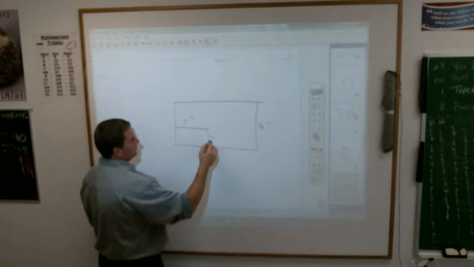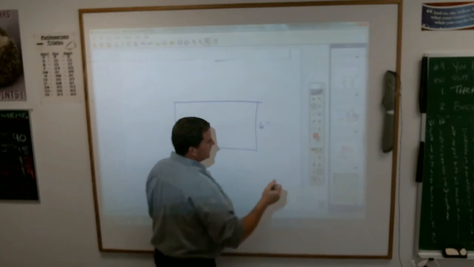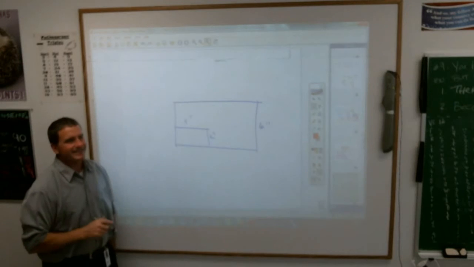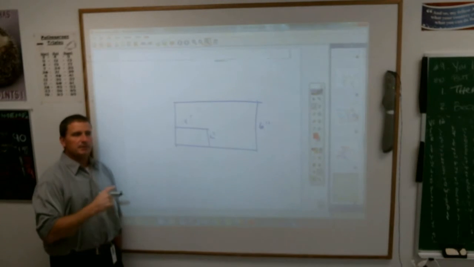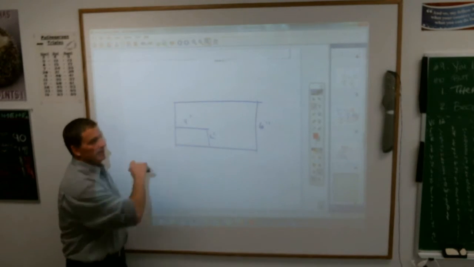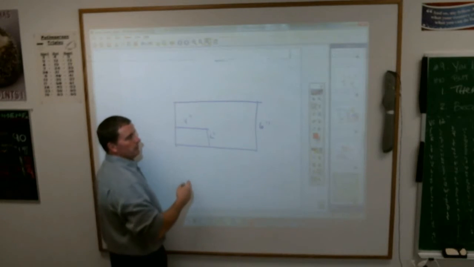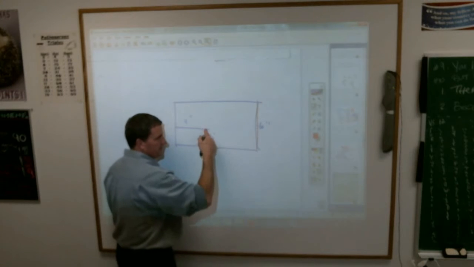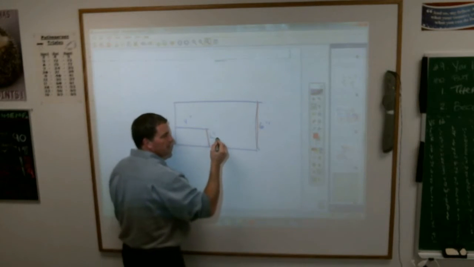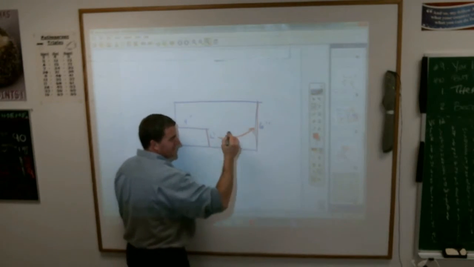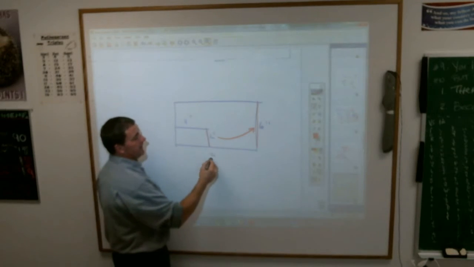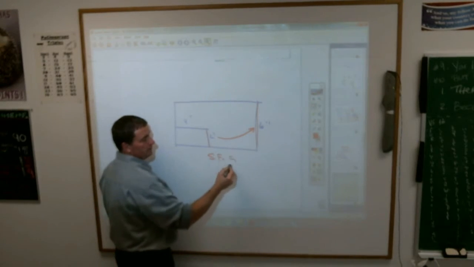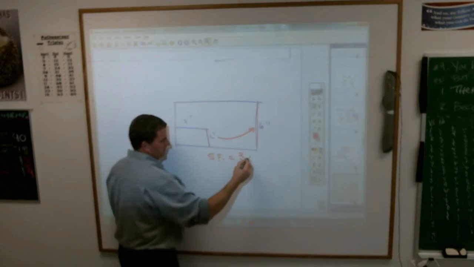Here we go. So here's what you think. What is my scale factor? How many times bigger is the big rectangle than the small one? To do that, you look at this. Okay, I know what this side is. This is the short side. This is the short side. The scale factor is what you multiply this by to get that. My scale factor is what? 3 times bigger.